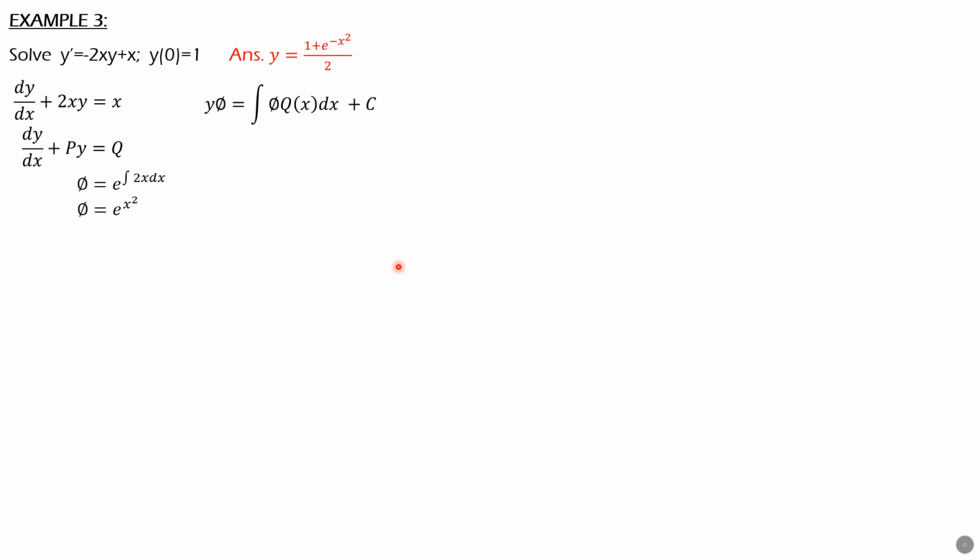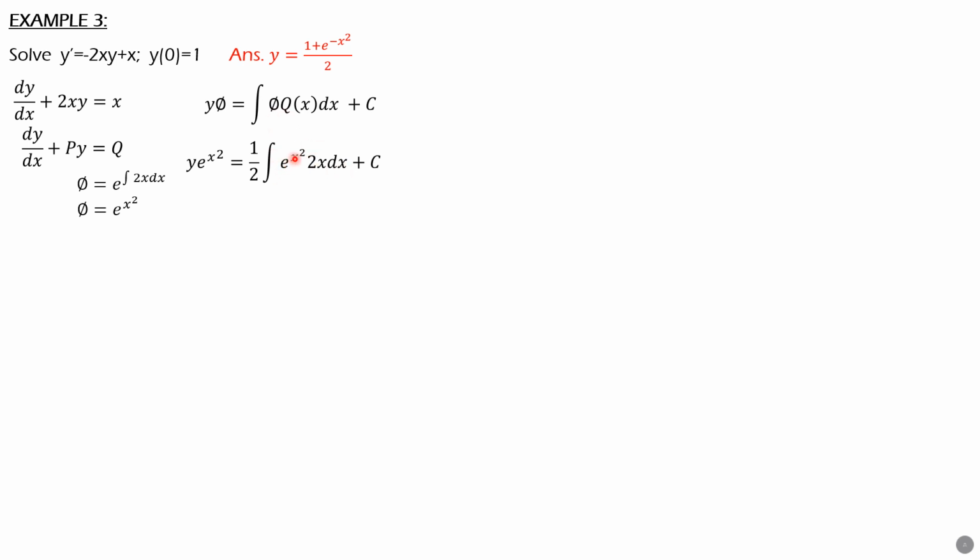We introduce 1/2 and multiply also by 2. So that is y e to the x squared equals 1/2 integral of e to the x squared times 2x dx. Take note that the 2 is new here, so that the right side will be in the form e to the u du.